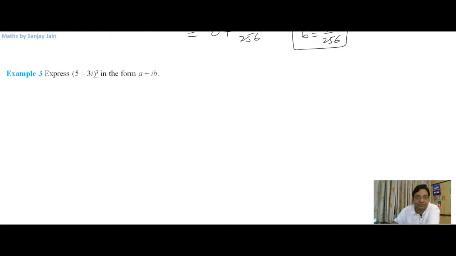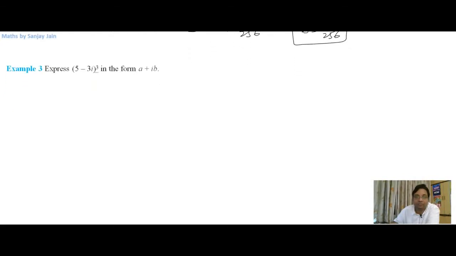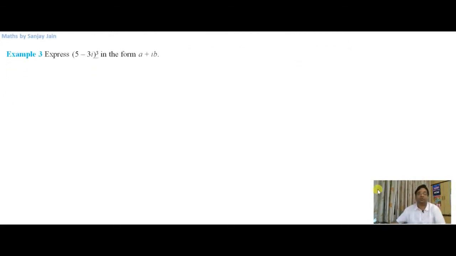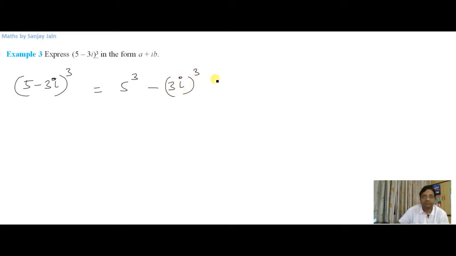Express 5 minus 3 iota cubed in the form a plus iota b. So let me just open it like we do in real numbers, right? A minus b whole cubed. So 5 cubed minus 3 iota cubed minus 3 into 5 into 3 iota, then 5 minus 3 iota.